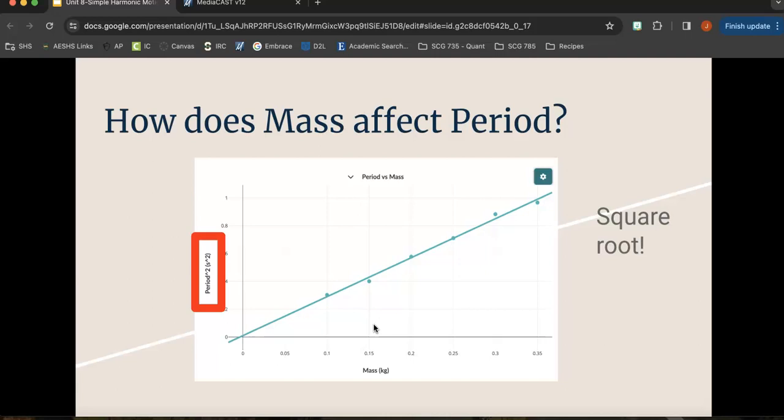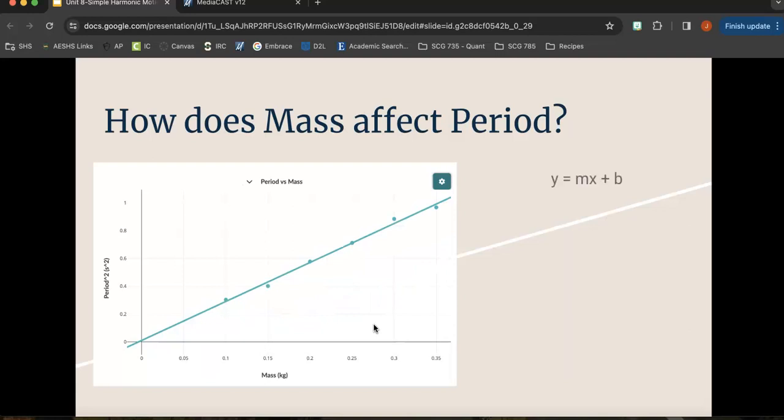So we're going to use that now to write a physics equation. So we start with y equals mx plus b. On our y-axis is period squared, so that's big T squared. On our x-axis is mass, so we're going to substitute in m, standing for mass, not m for slope, for x.